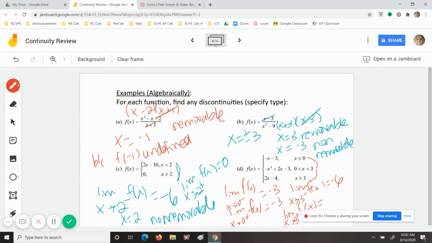We're going to plug into this equation for when x is greater than 3. So 2 times 3 is 6, minus 4 is 2. Notice that those two are not the same, so the limit does not exist. So this one is non-removable at x equals 3.